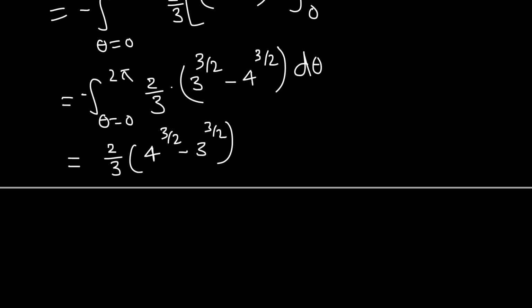The antiderivative of 1 is theta, and upper limit minus lower limit is just 2 pi, and this is the answer. 2 times 2 is 4 pi over 3, times 8 minus 3 raised to 3/2. Final answer.